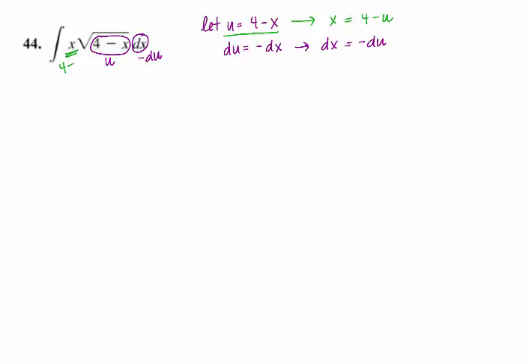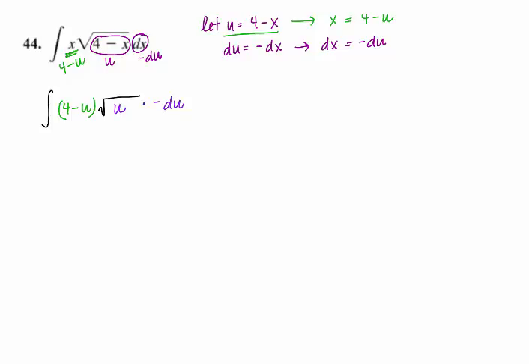X is 4 minus u. Thereby substituting at each piece, we've eliminated the variable x. So it becomes the indefinite integral of 4 minus u for the x, and then the square root of 4 minus x, which we called u, times the negative derivative of u.